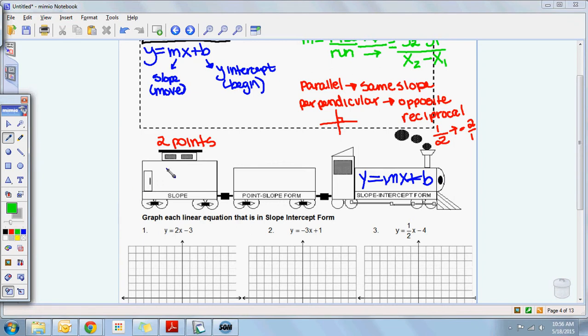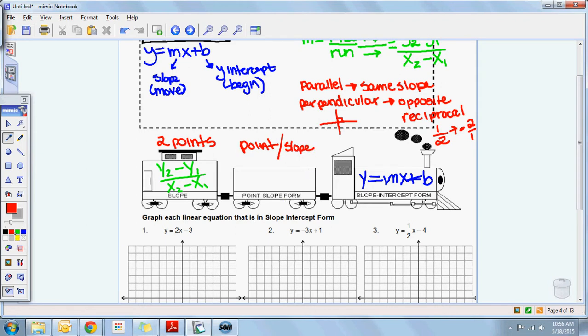So remember, the slope formula is y2 minus y1 over x2 minus x1, okay? If you're given a point and a slope, so an ordered pair and a slope, then you can start at point-slope form.